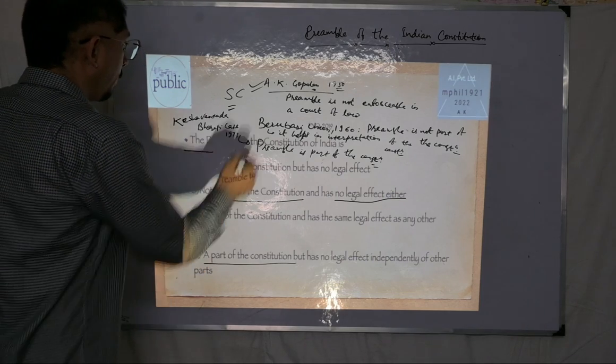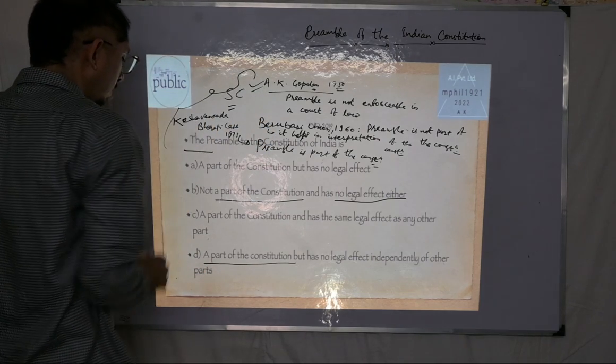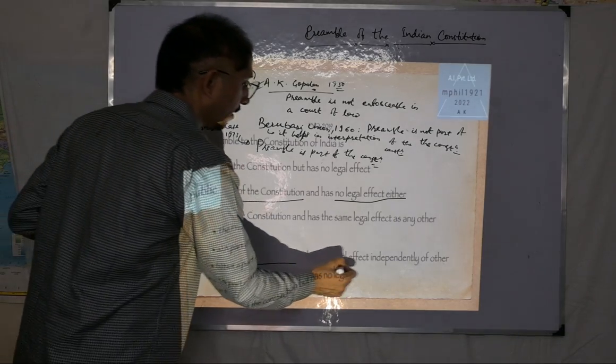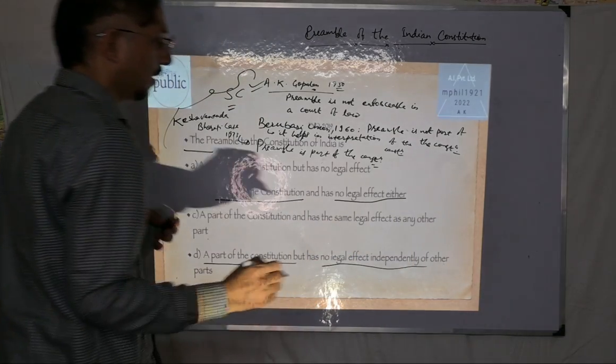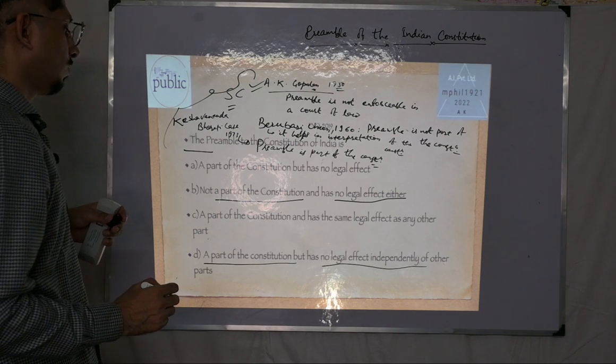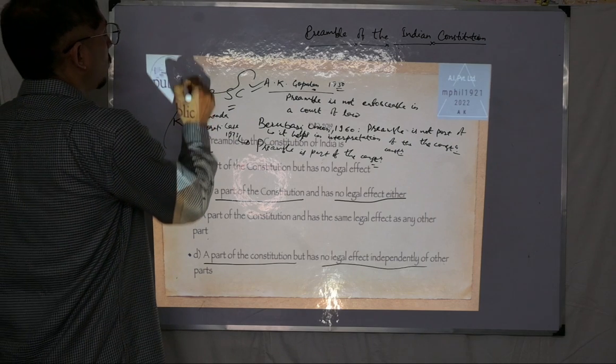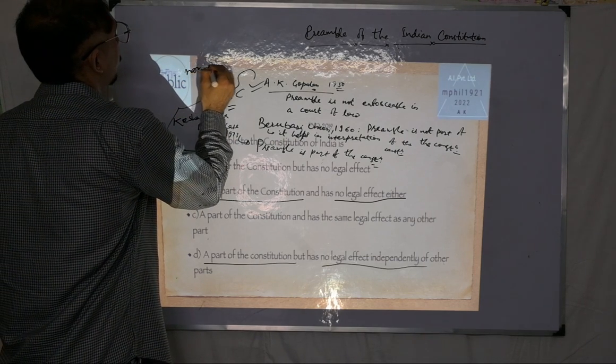So if you add all these three cases, the preamble is a part of the Constitution, but it has no legal effect independently of other parts. Similar to the DPSP, it is not enforceable.